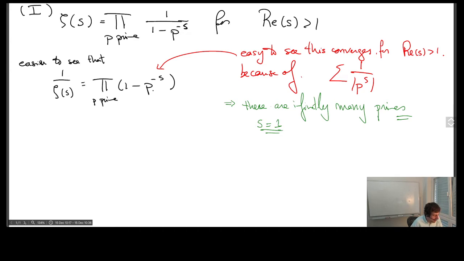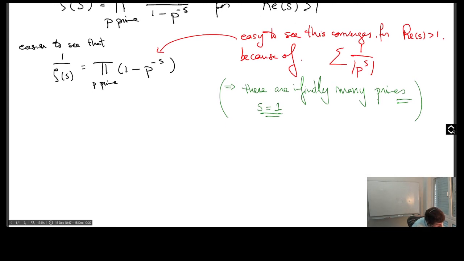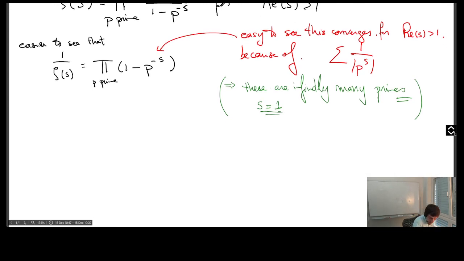But if there were finitely many primes, there would be absolutely no problem in taking s equals 1. The formula would certainly be finite here. But that can't possibly be the case, and so this immediately implies that there are infinitely many primes. It is an unnecessarily complicated way of proving such a thing, but nonetheless, it does give that.